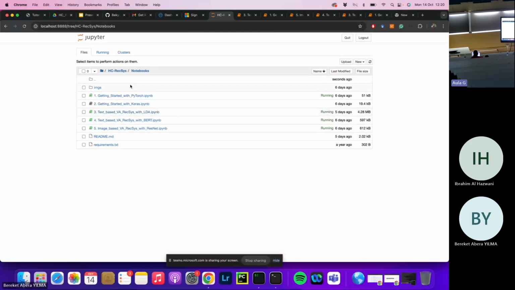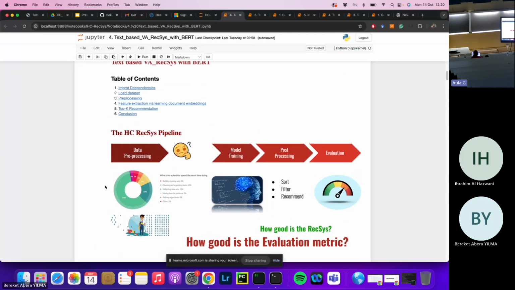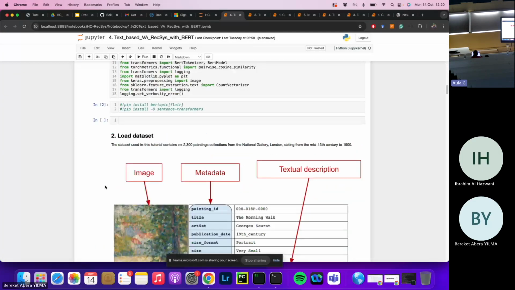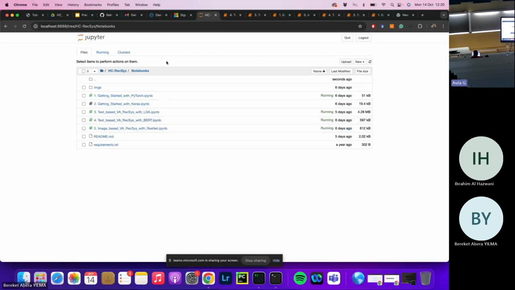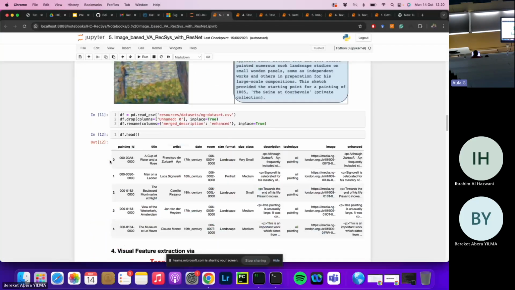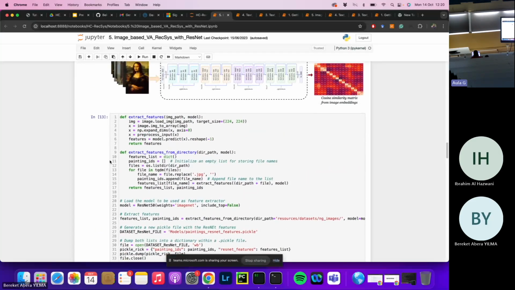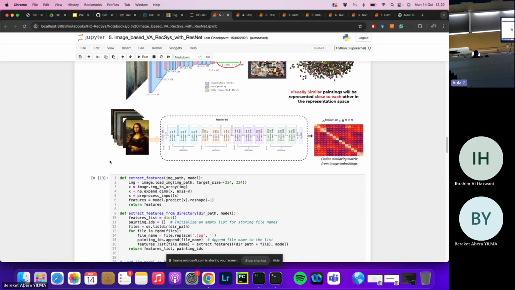The next notebook is doing pretty much the same thing, but now we are using BERT. You have the same pipeline and recommendation method. And the last one, the visual notebook, is using ResNet. So you have transfer learning to extract features from the pre-trained ResNet, using the pre-trained ResNet50.